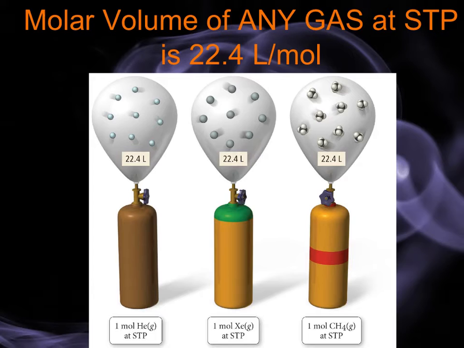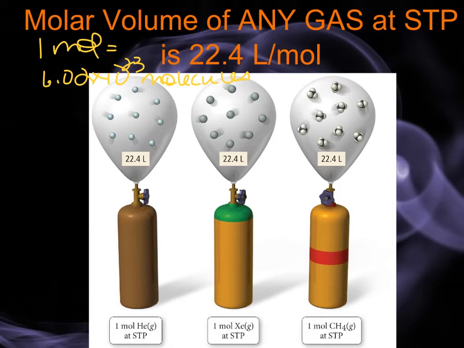We are going to start carrying out stoichiometry problems using gases, and so there's a new conversion factor we need to know. The conversion factors we've learned so far is that 1 mole, if we're talking about particles, we use Avogadro's number, 6.02 times 10 to the 23rd. That would be molecules, right, or atoms or something.